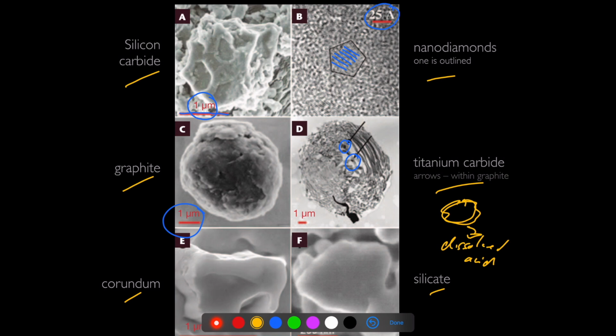However, silicates are always dissolved during this procedure, and this is why silicates were basically destroyed. But nowadays it is possible, using TEM or secondary ion mass spectrometry, in situ mass spectrometry, to also find silicates, and there are also silicates that are presolar grains.